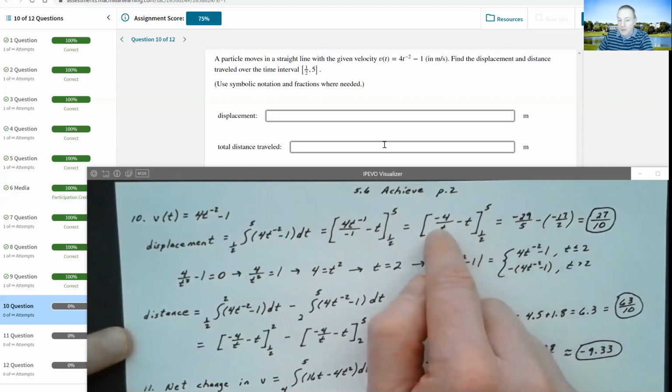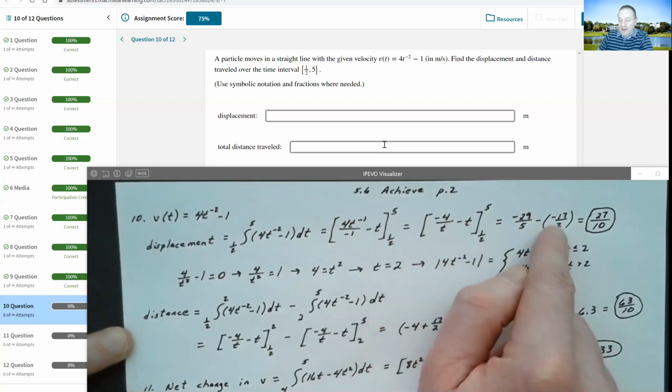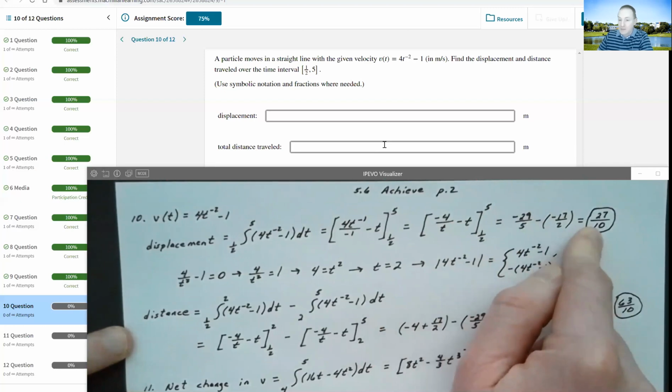The lower limit here would be negative 4 over 1/2, which is going to be negative 8. And then minus 1/2, that ended up giving me a negative 17 over 2. But we know minus a negative is plus a positive. 17 over 2 minus 29 over 5 ended up giving me 27 over 10 for the displacement.